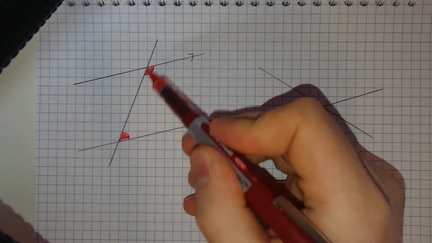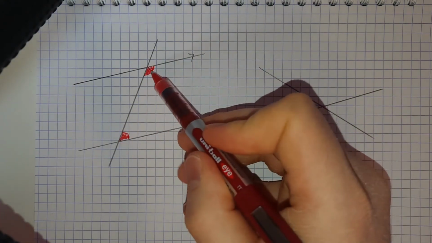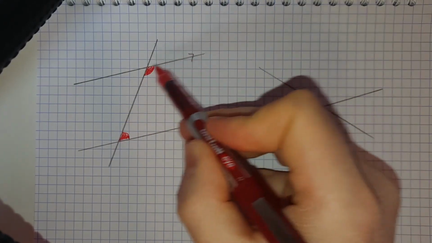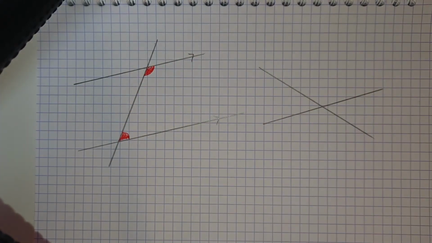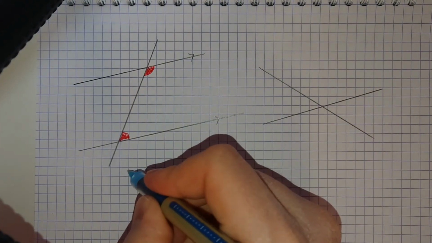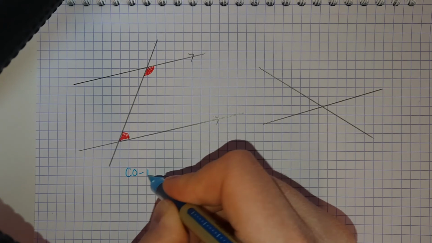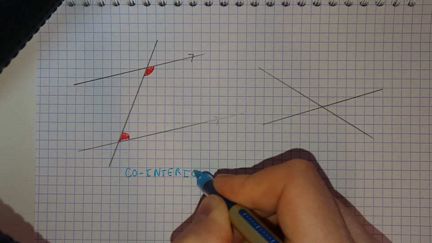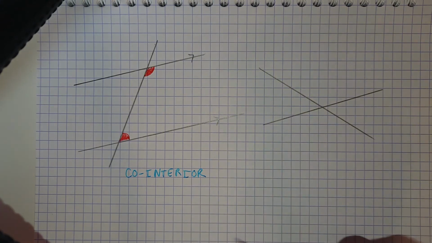The name for this pair, which are, well, sort of inside the C shape, I suppose, might be a way of recognizing it. These are called co-interior angles. Sometimes there's another name.